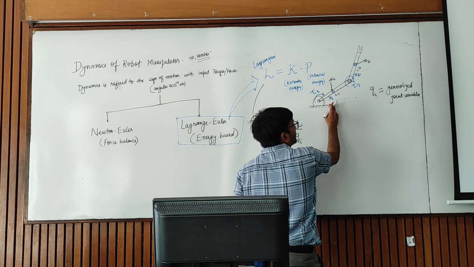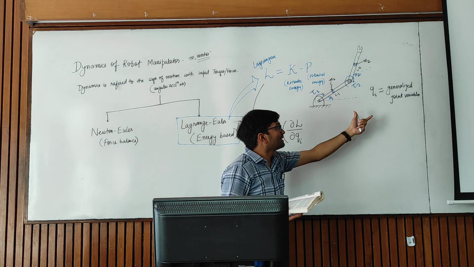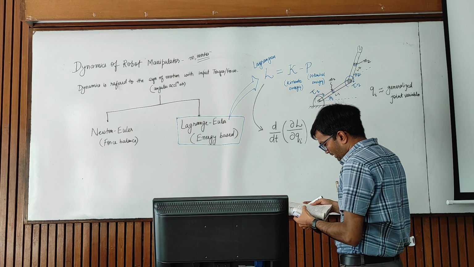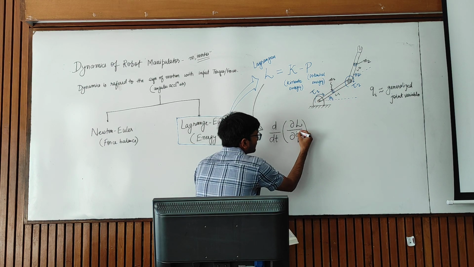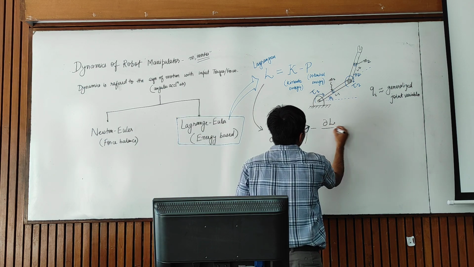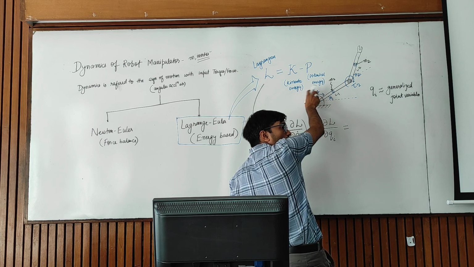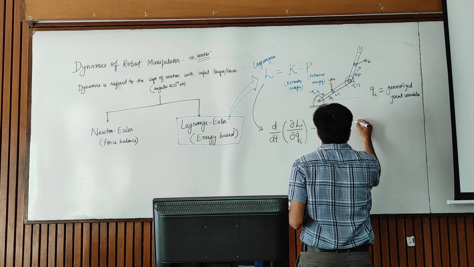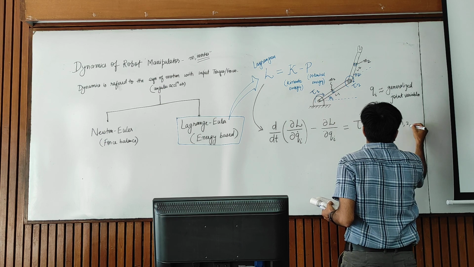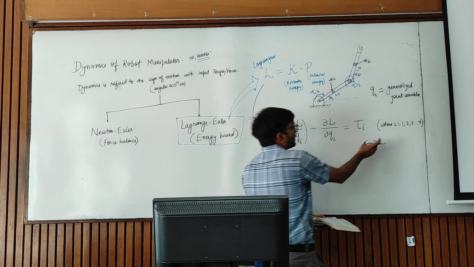So Q1 means theta 1, Q2 is theta 2, Q3 might be theta 3, or d1, d2 also will come, but in the generalized sense we write it as Q. Here i is equal to 1, 2, 3 up to n, if the manipulator has n degrees of freedom. Right now we have 2 degrees of freedom, so I will iterate from 1 to 2.